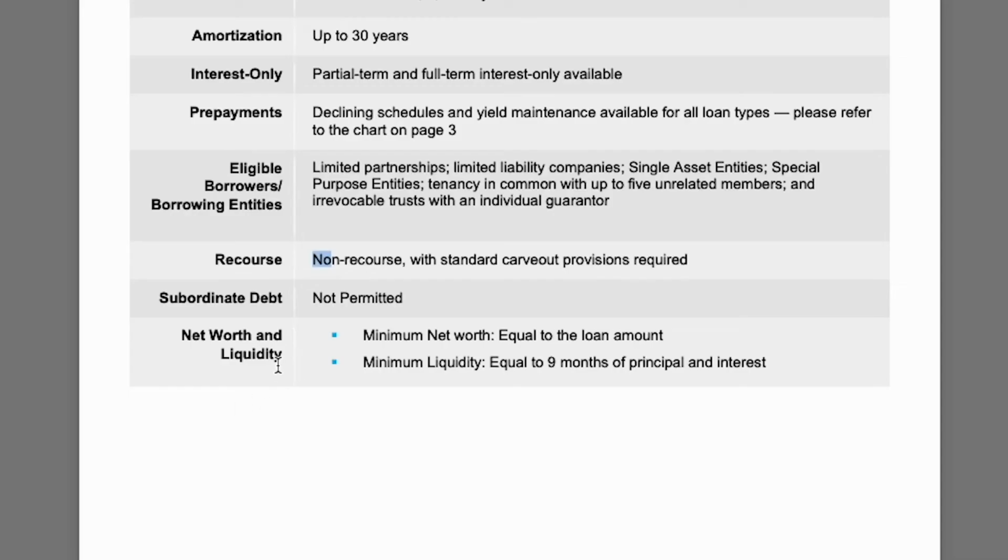So in order to use this financing, there's 2 requirements. You must have a minimum net worth equal to the loan amount. That's 1. And then the liquidity is that you must have liquidity equal to 9 months of principal and interest payments. So how do you calculate this?